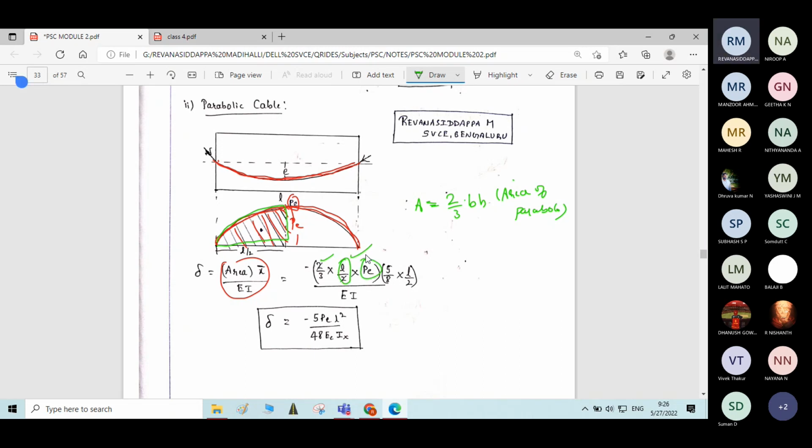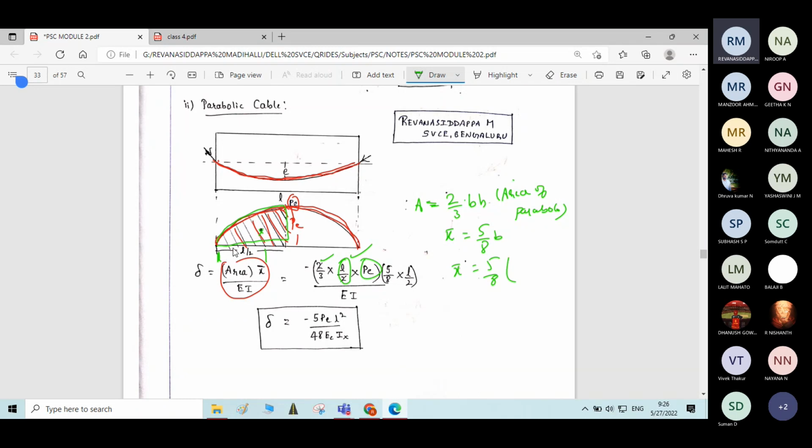By this you will get the area, and x bar is, as I said, distance of centroid of this shaded portion from nearest support. For parabola it is 5 by 8 of b. Therefore, x bar is equal to 5 by 8 of b.